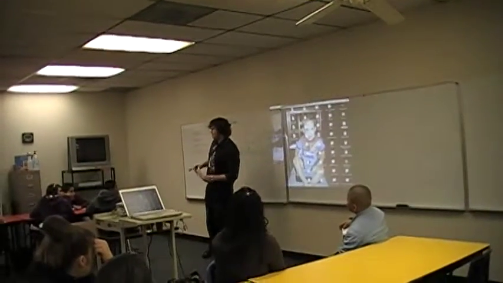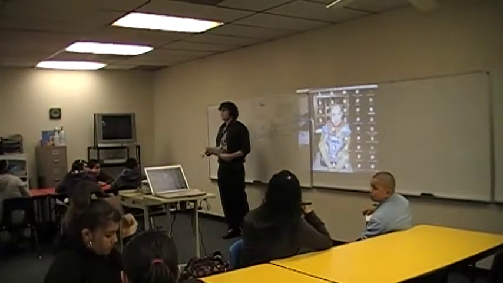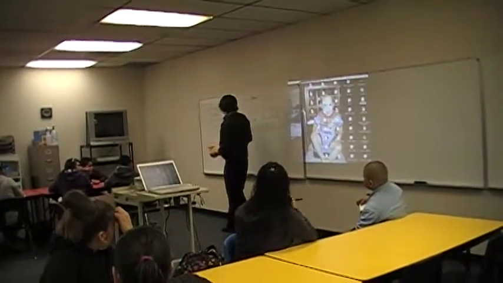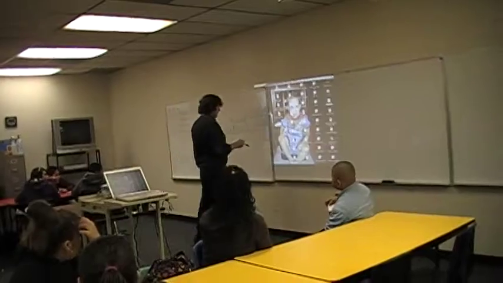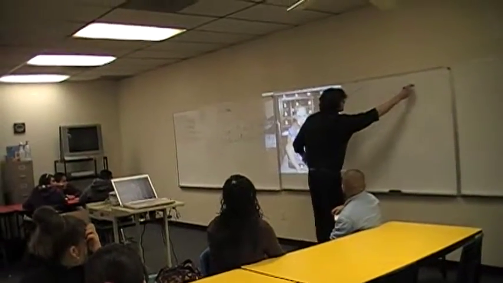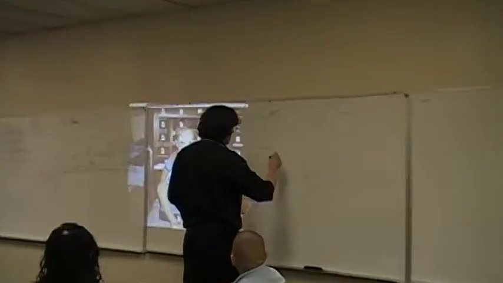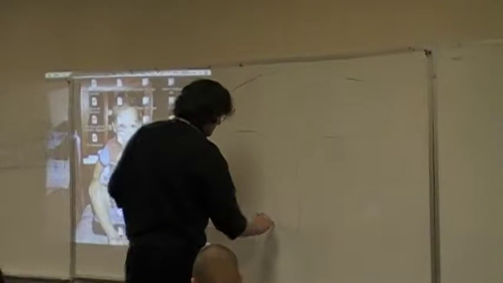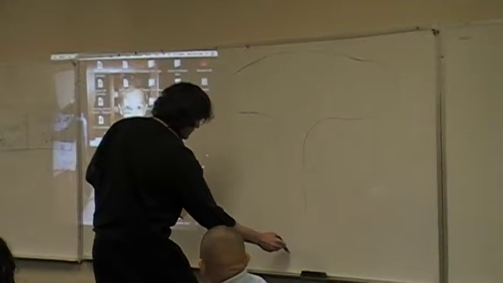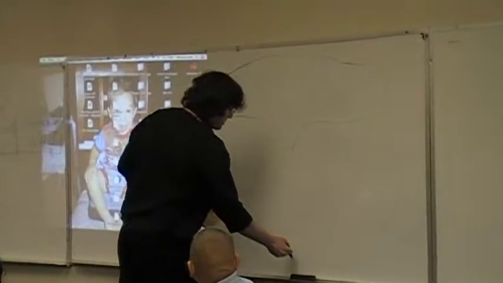It starts with an M. This is the shape of the cloud the bomb makes. It's called a mushroom cloud, and it looks just like a mushroom. The bomb goes like this when it explodes, and the smoke goes down. It starts off right here like a big wave.